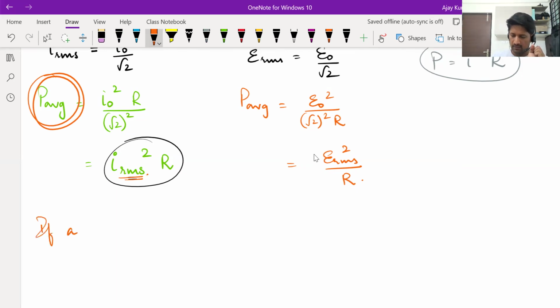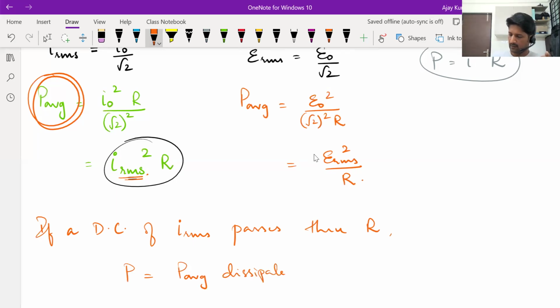If a direct current of I RMS passes through the resistance R, then the power dissipated by it will be equal to the average power dissipated by the alternating current.